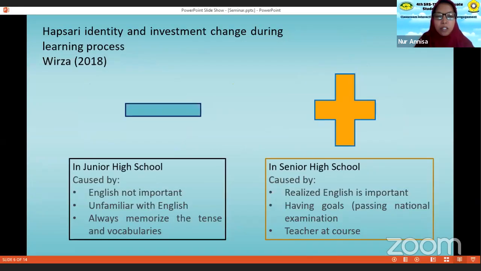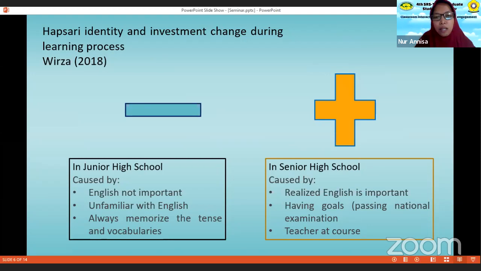Here is an example of identity change during the learning process. This is from Wirza. Her participant named Hapsari changed her identity from negative identity into positive identity. In junior high school, she had a negative identity. It was caused by her thinking that English is not important, so she preferred to learn math or science.